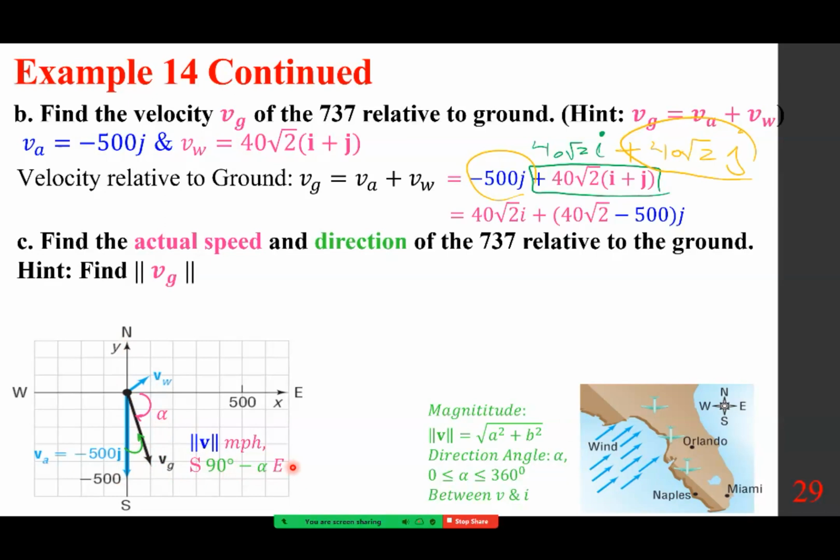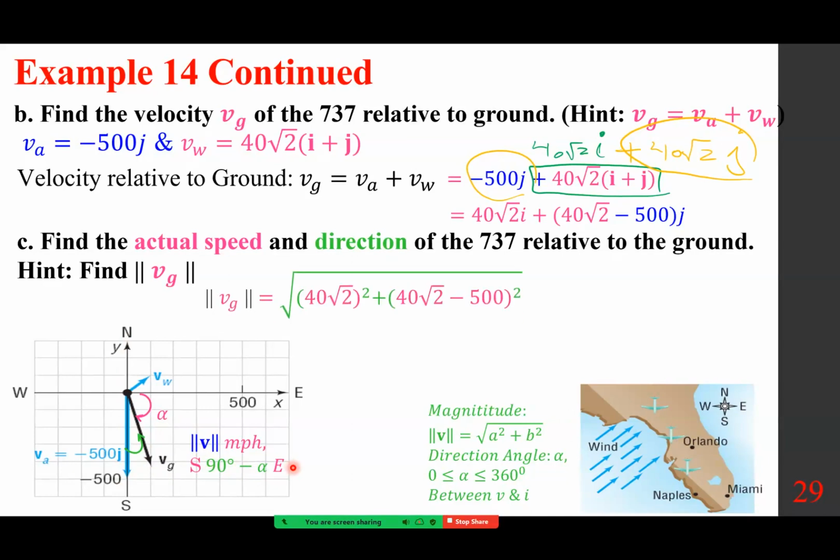So let's finish the job. First, the magnitude. You have to square this number, and then square this number. I just put it into a calculator, and because the speed was given as 500 miles per hour and 80 miles per hour, I'm going to go with a whole number, although at the very least show 1 or 2 decimals and then make a decision.